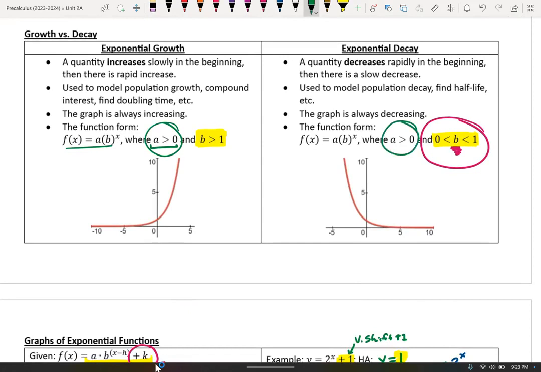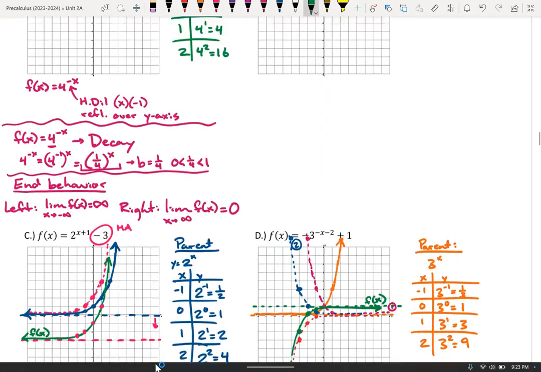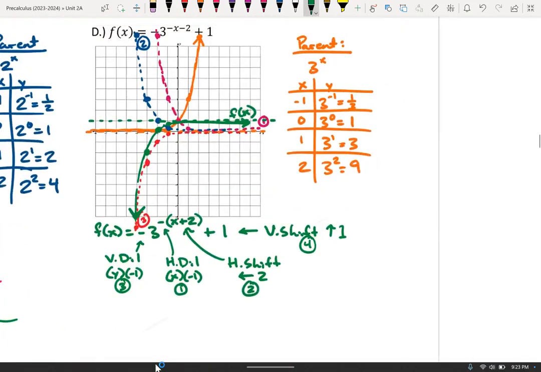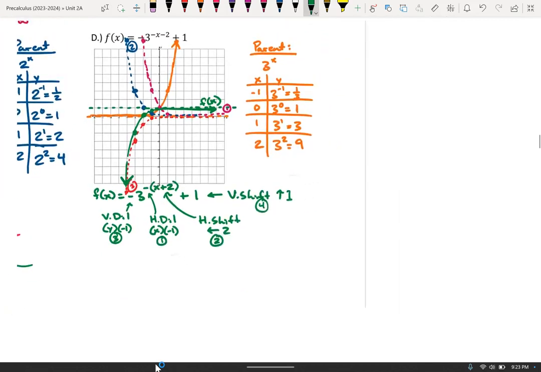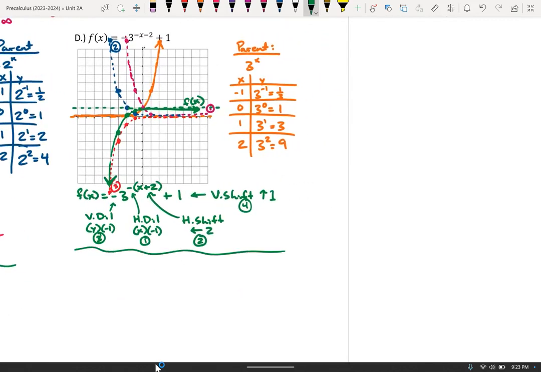So if a is positive, then we can define growth and decay. But if it's not, then we really can't define it as either growth or decay. So we are going to go ahead and say on this one, since a is less than 0, it is neither growth nor decay.